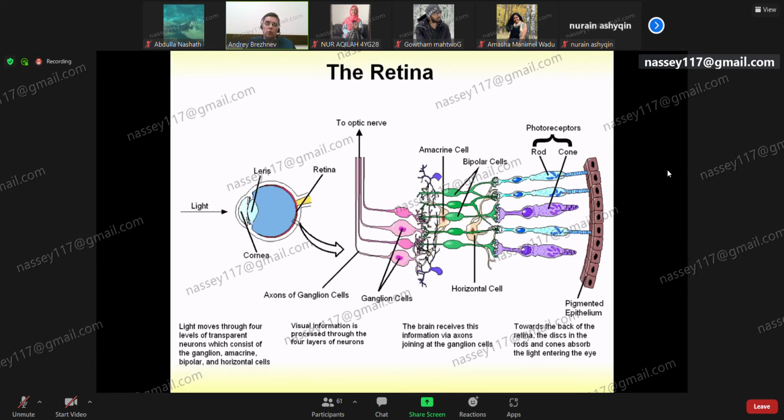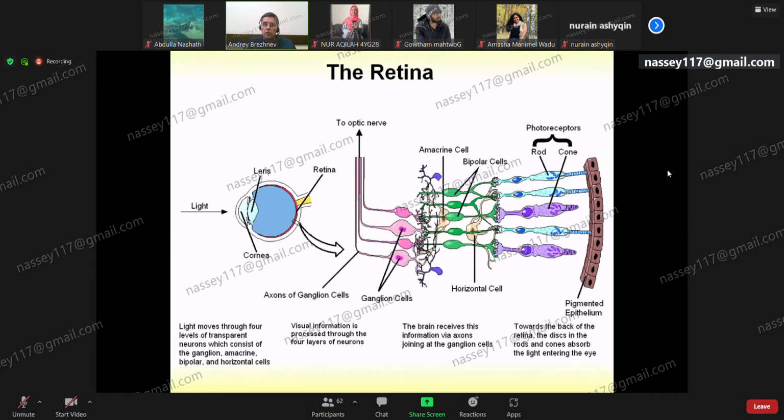Photos, one more Greek word which we use in our practice, means light. So photopic vision is the result of the activity of the cones. Also, cones can resolve fine details, and cones are responsible for color vision.